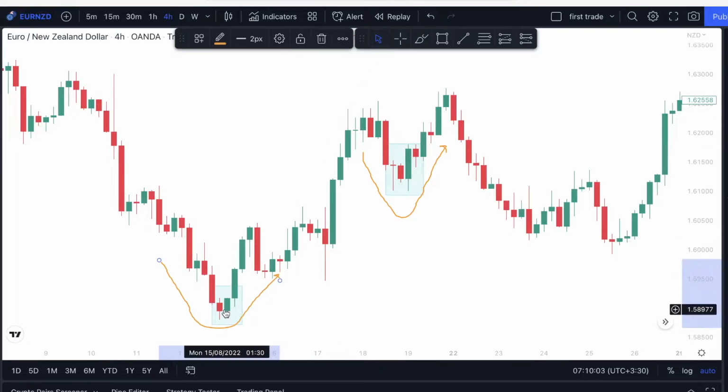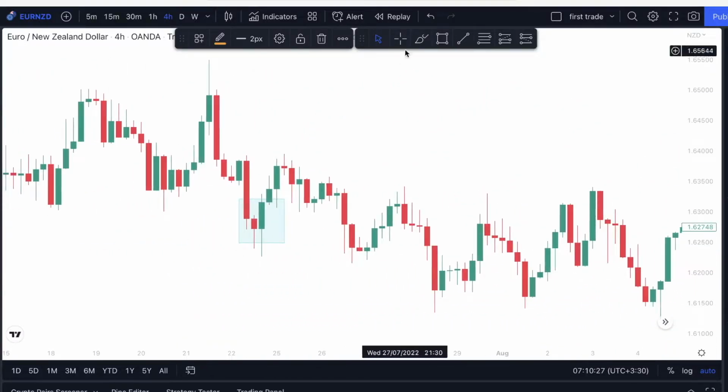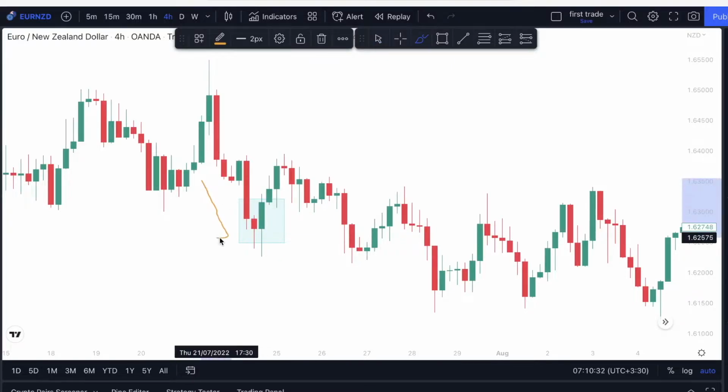You can see the bullish engulfing pattern here. The second candle is bigger than the first one in this one and in the other one. Also another example, this one, we had a downtrend here and after, uptrend.